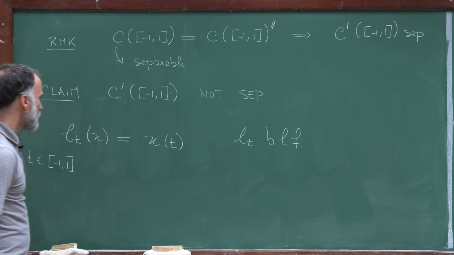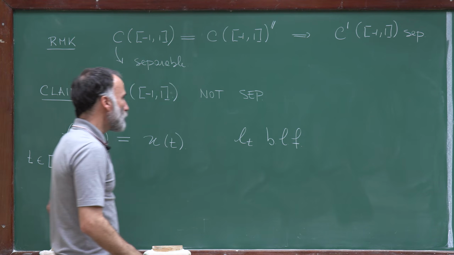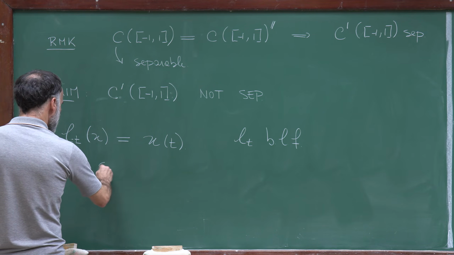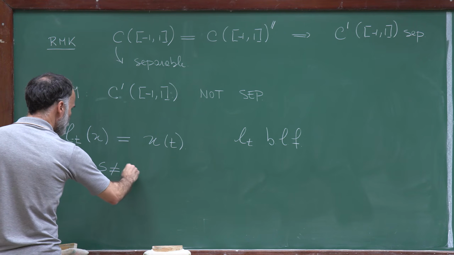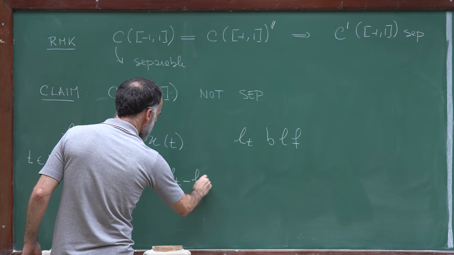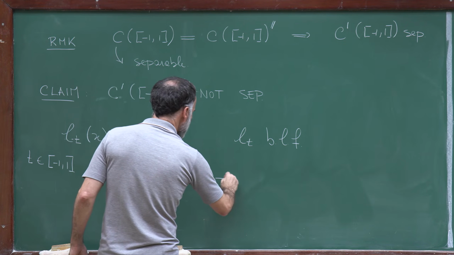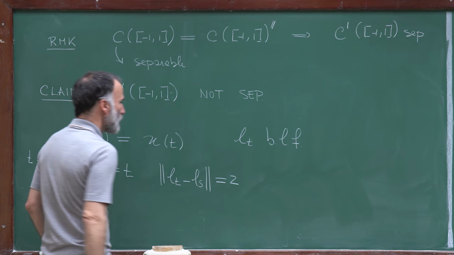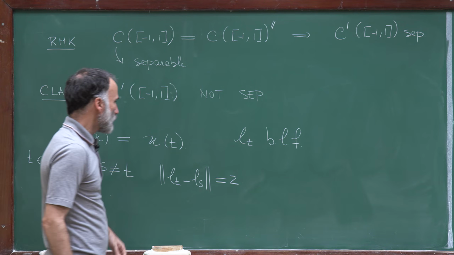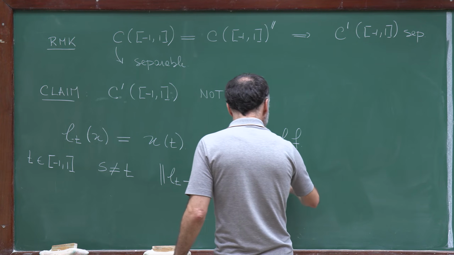That's pretty clear. And what I claim is that if you take s different from t, then the norm of L_t minus L_s is equal to 2. This is for any s different from t. And why?